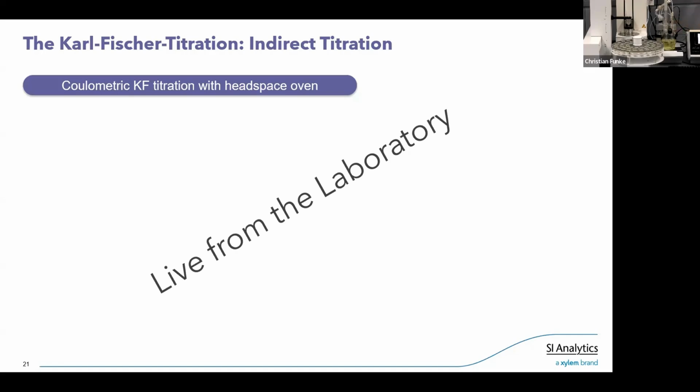You can see it here at the back, and then we have here a flow meter. You can control here the gas stream, and then it goes into the vial with the sample, and then into the titration cell.